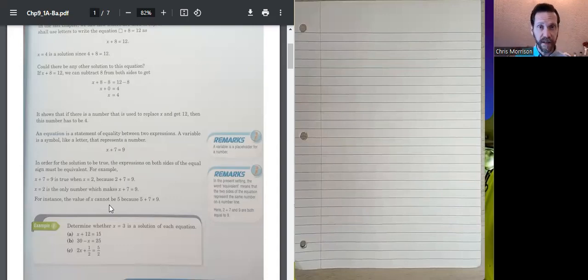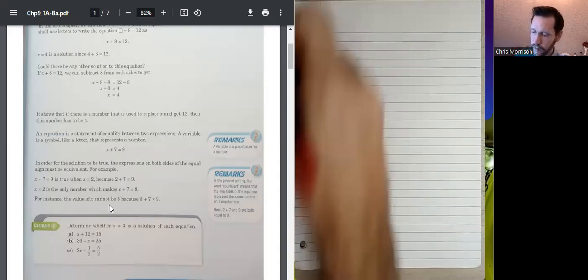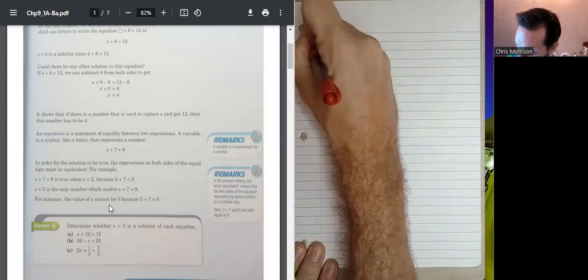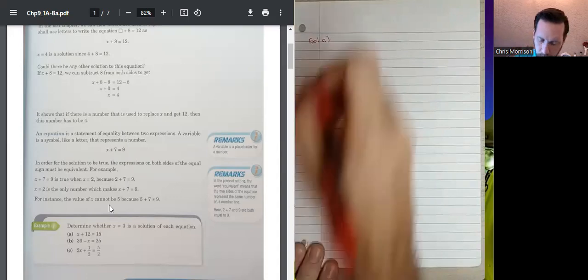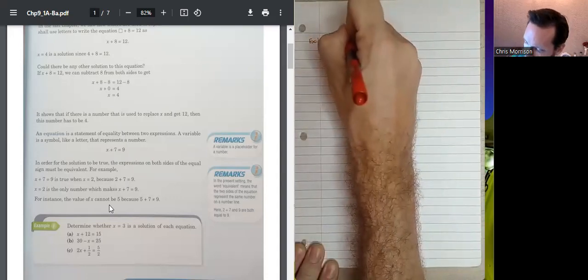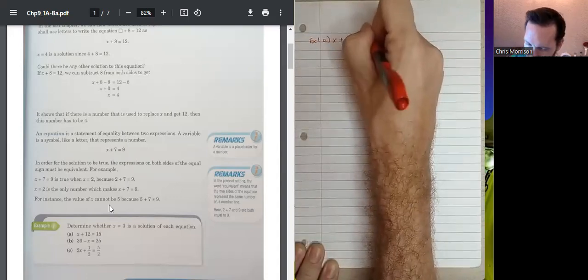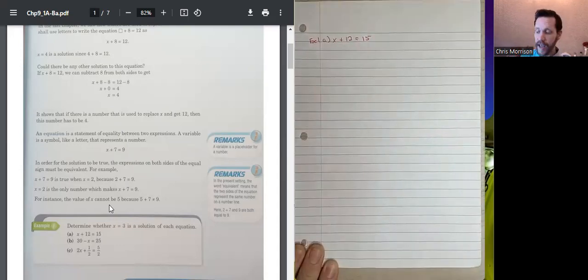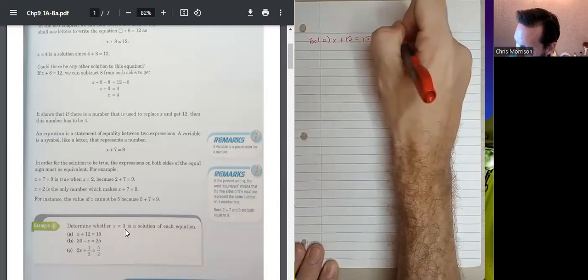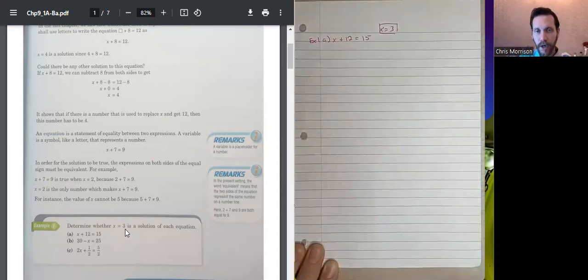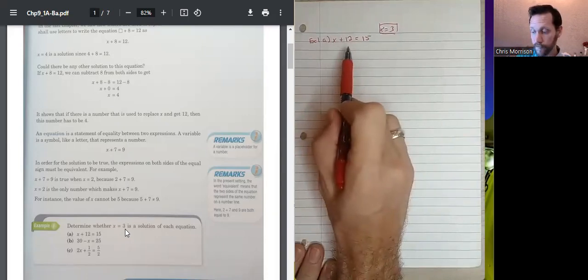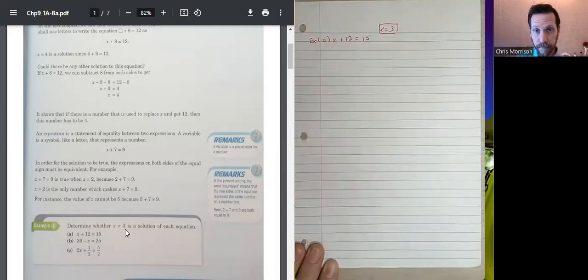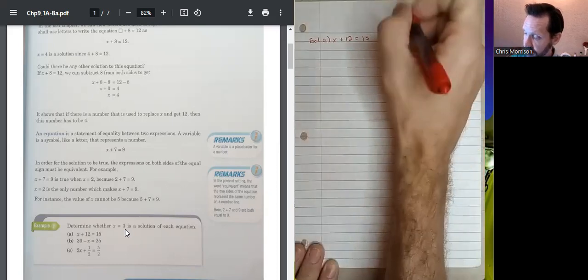Let's work through a few examples. First, example 1, example A: X plus 12 equals 15. We're told here that X equals 3. This is our given. What we want to know is whether this algebraic equation is true if X is 3.